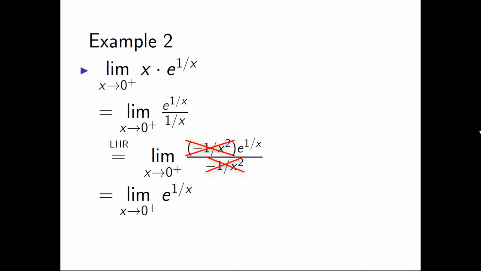And so now we get the limit as x approaches 0 of e to the 1 over x. Well, the 1 over x is going to infinity, therefore e to the infinity is going to infinity. Okay, so this is another example of how we can apply L'Hopital's rule, even though we didn't have something that obviously looked like a L'Hopital's case in the first instance. And there are other variations on this, but I think since we're just doing the basics, that will do for now.